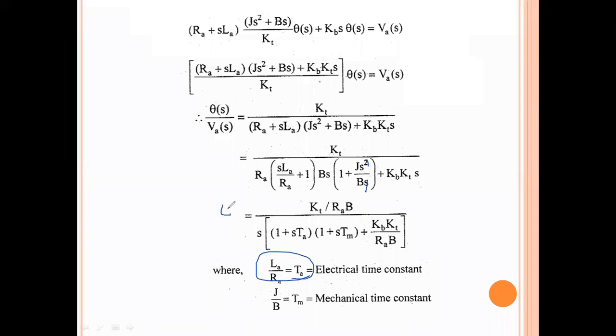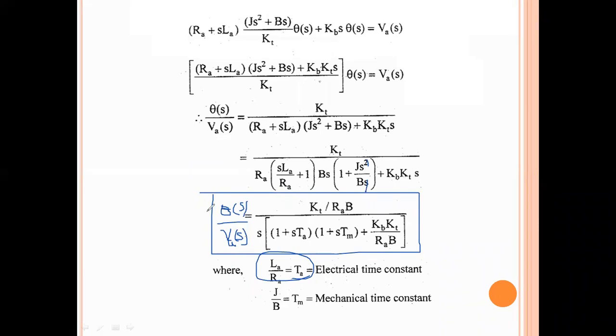So this is our final Laplace transform of the given armature controlled DC servo motor, theta of S by VA of S, where TA is the electrical time constant, calculated as LA by RA, and Tm is the mechanical time constant, calculated as J by B. So this is how we can derive the transfer function for the given armature controlled DC servo motor.